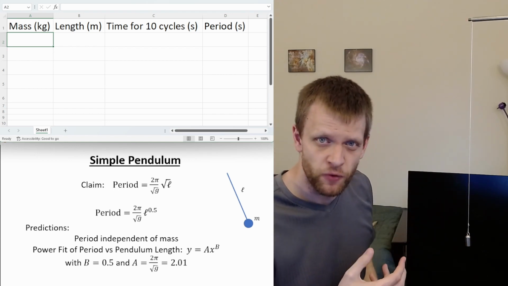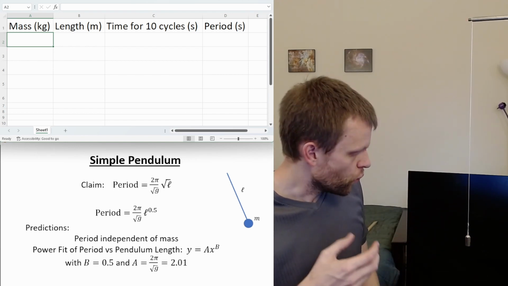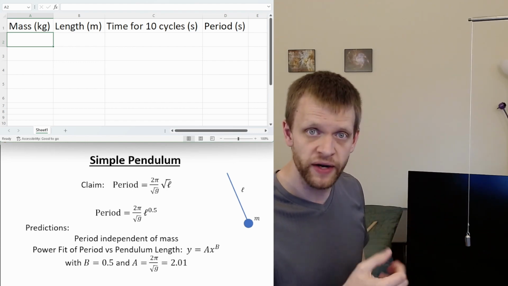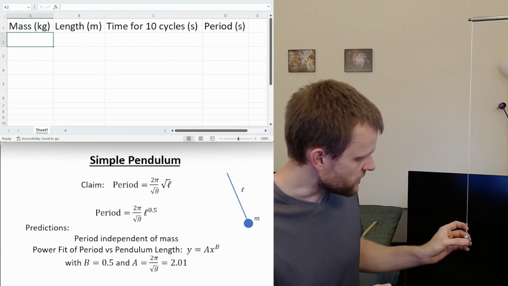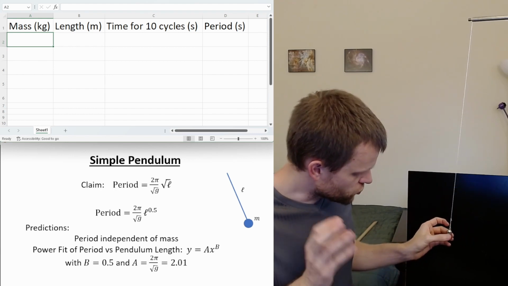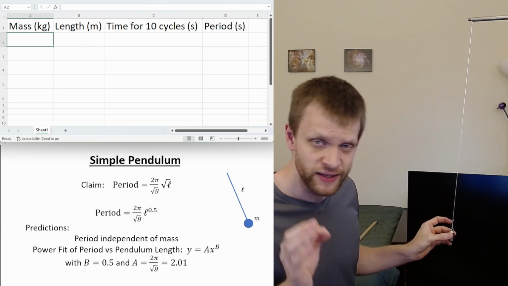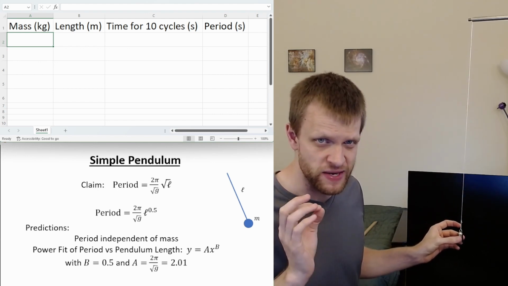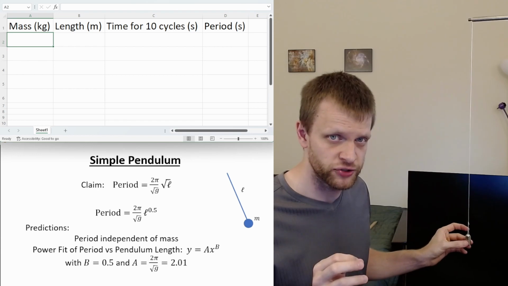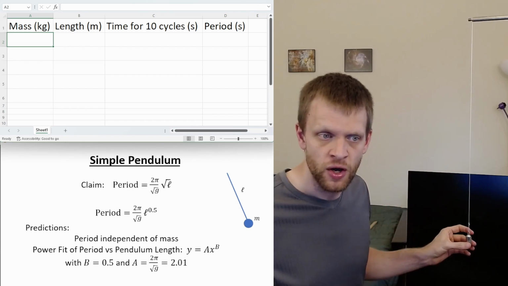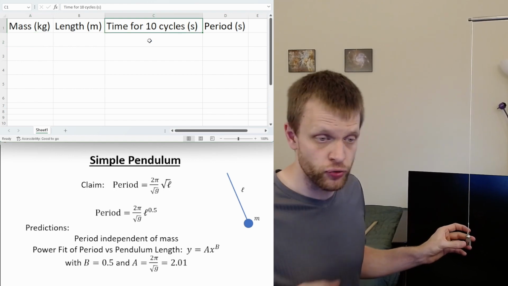A couple of things before we actually start taking data though. When we're timing how long it takes to go back and forth through one period of the motion, if I try to do 3, 2, 1, start, stop, that really short time is going to be hard to measure accurately with a stopwatch. So instead of measuring just one back and forth cycle, we're going to look at how long it takes to go through 10 cycles.